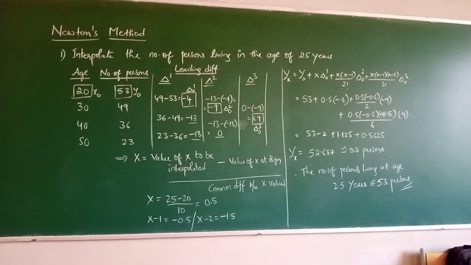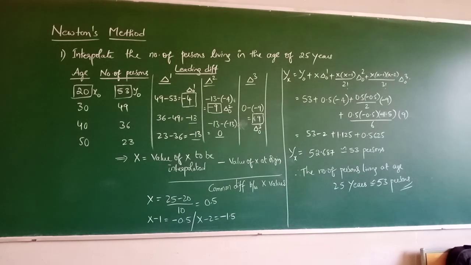This way the first leading difference has to be calculated: y2 minus y1 or y1 minus y0. Delta not 1 is nothing but the formula y1 minus y0, and then y2 minus y1, y3 minus y2. First let us consider, let x be the age and y be the number of persons.